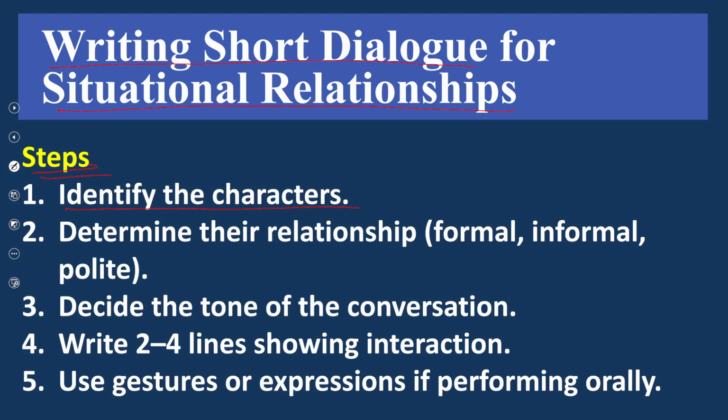Identify the characters, determine their relationship, formal or informal, and how the characters are related. Then decide the tone of the conversation. It should be polite, worried or formal. Write 2 to 4 lines showing interaction. And 5, use gestures or expressions if performing orally.